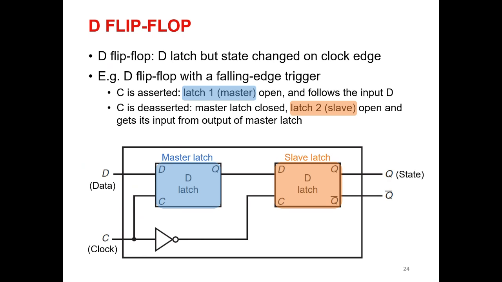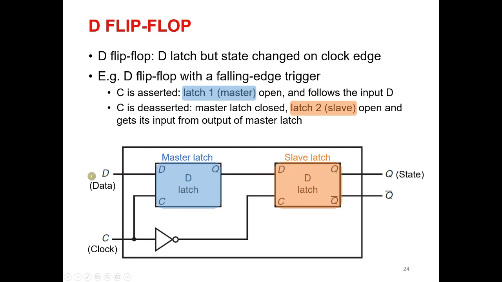So here what we have is two D latches. The flip-flop is actually composed of two D latches, and this is called the master latch, and this is called the slave latch. When the master latch is open, the slave one is closed.